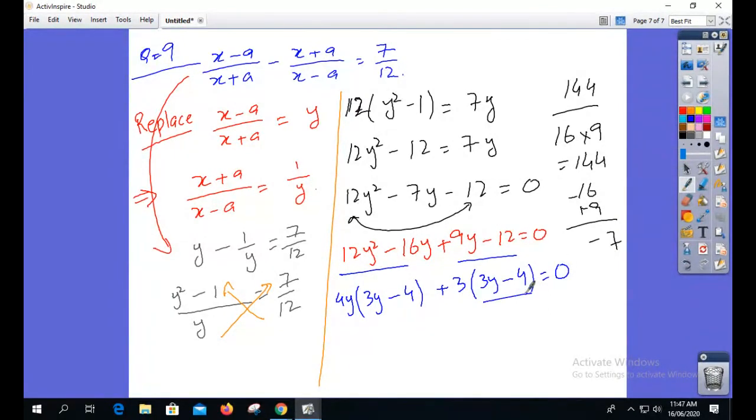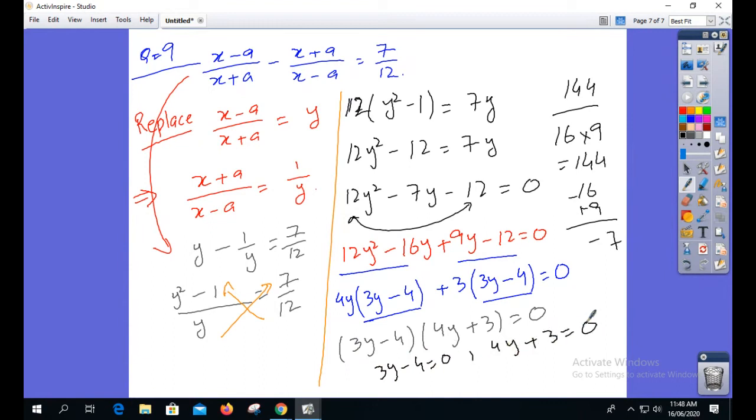Next, 3y minus 4 is same. 3y minus 4, we have 4y plus 3 equals to 0. Okay, we have 3y minus 4 equals to 0 and 4y plus 3 equals to 0.